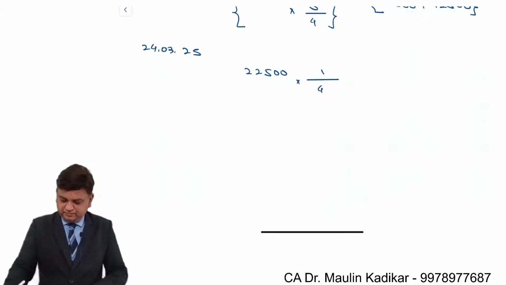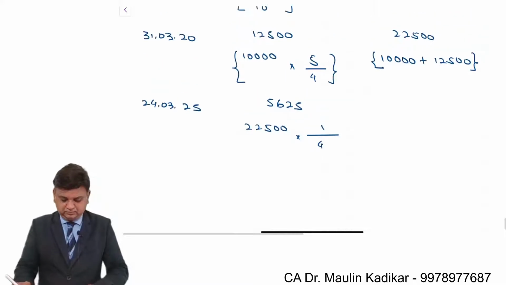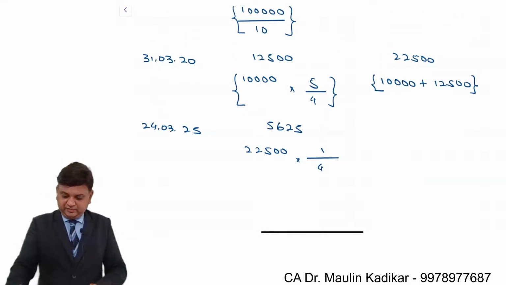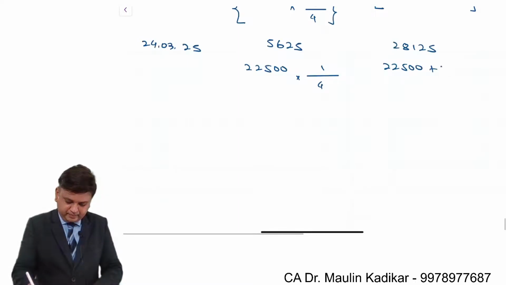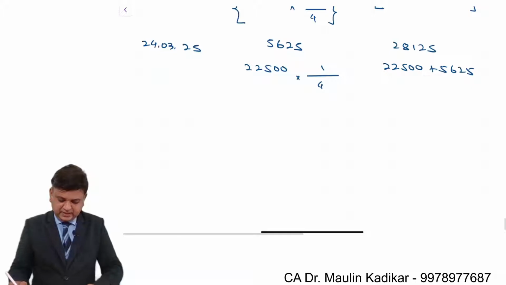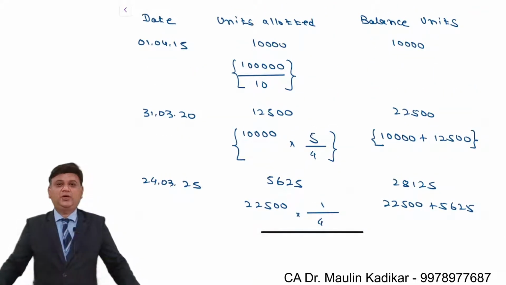So it comes to 5625 plus 22,500. So 28,125. This is the way we are required to compute the balance number of units on the date of redemption.